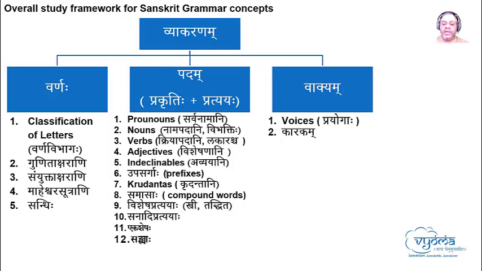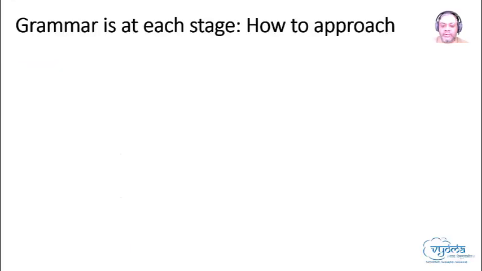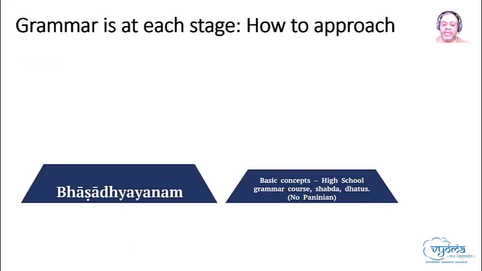First, this framework has to be understood. After understanding this framework, we see grammar at each stage. When we do Bhashadhyanam, we have to study this course, which is the high school grammar course. At this stage, we should not ask Paninian-level questions to ourselves. We can ask the question, but asking the question and getting the answer is not the approach at this level.